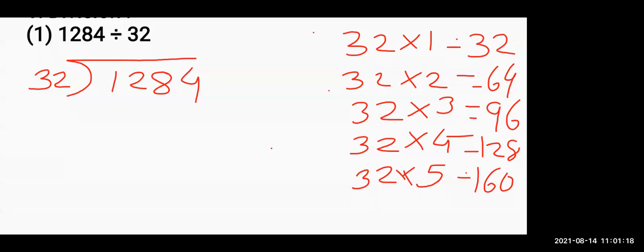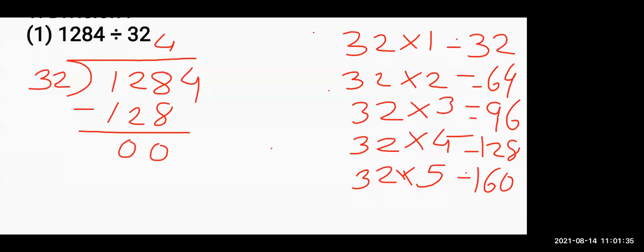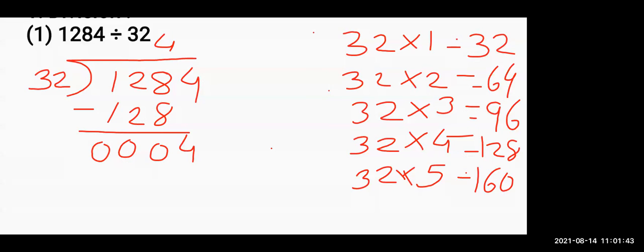So 32 fours are 128. Yes? Chalo, now do the subtraction. 8 minus 8, 0. 2 minus 2, 0. 1 minus 1, 0. Now what should I write down? 4. So can we divide 32 by 4?